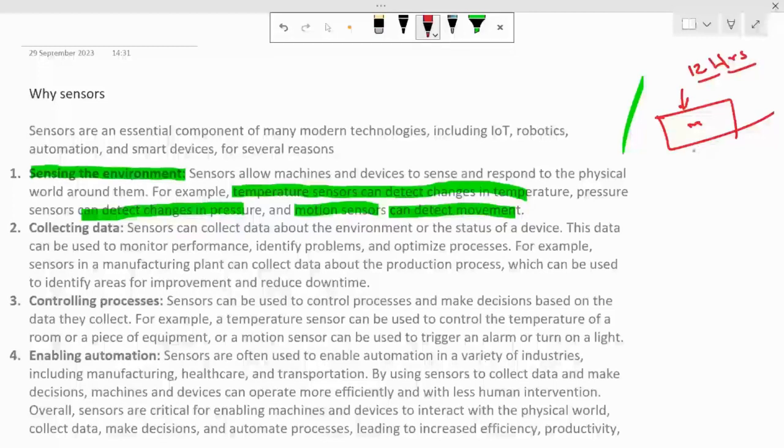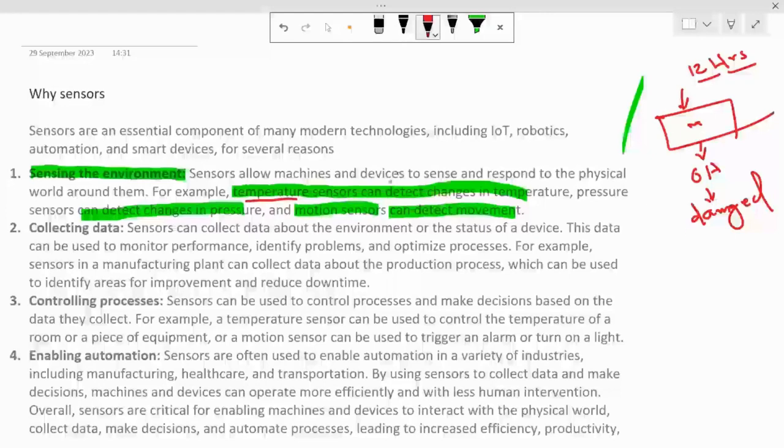So it is possible that due to some problem, overheating may occur inside the machine, and due to overheating the machine can be damaged. Using one simple temperature sensor with the machine can avoid this.